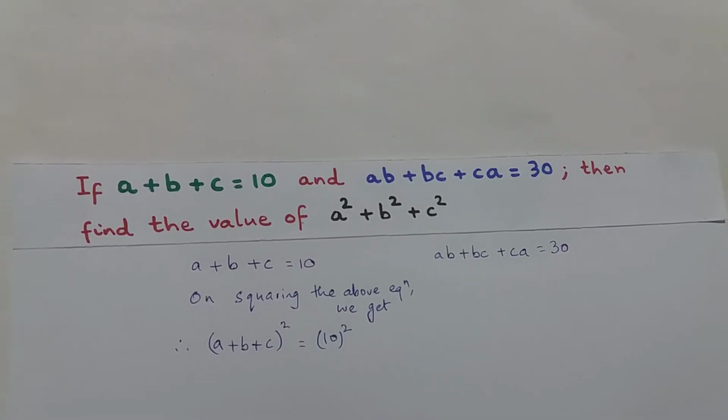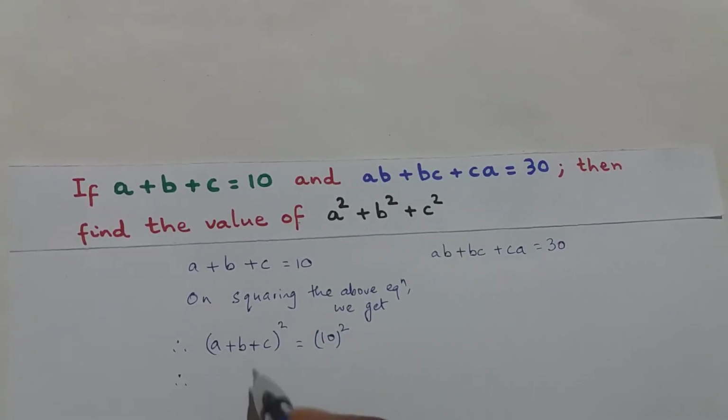Now, A plus B plus C whole square is the expression that I have on the left hand side of this equation. So let us expand A plus B plus C whole square. What do we get?